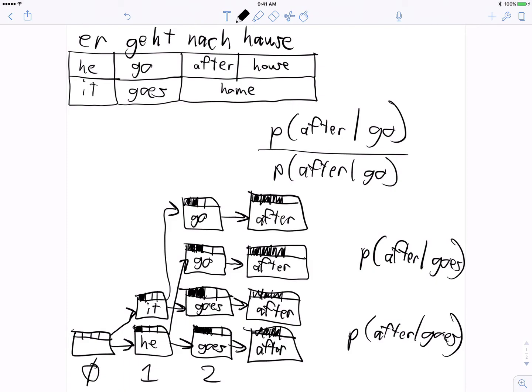Now, there's something that we should see that's held in common. Those two language model queries are asking the same thing. These two language model queries are asking the same thing.